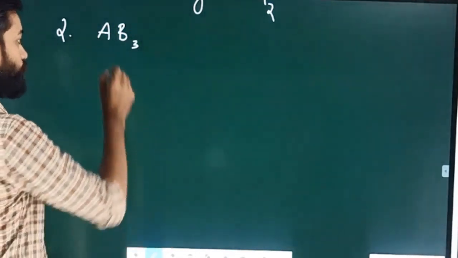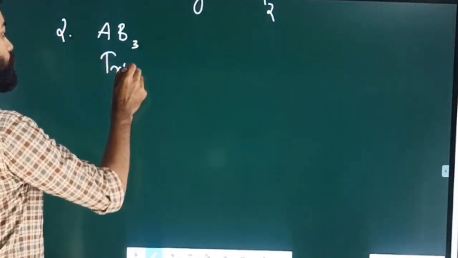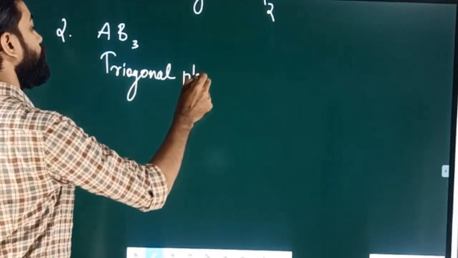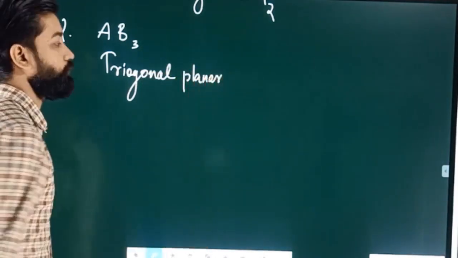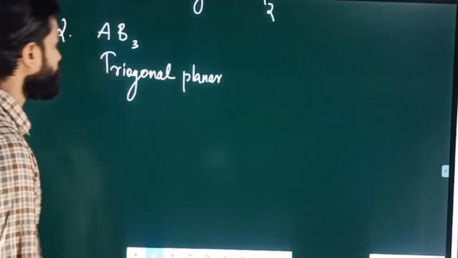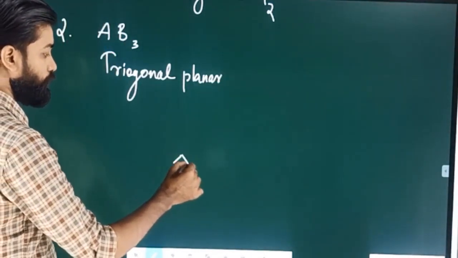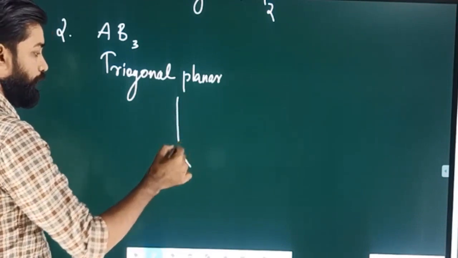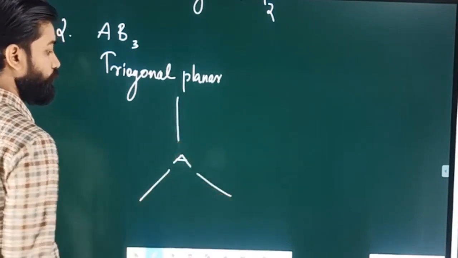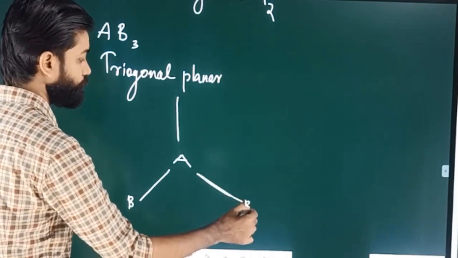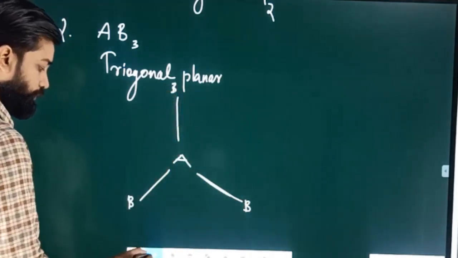AB3. The shape is called trigonal planar. So what about the trigonal planar shape? Central atom A and three bonds which are arranged in the three corners of an equilateral triangle, like this.